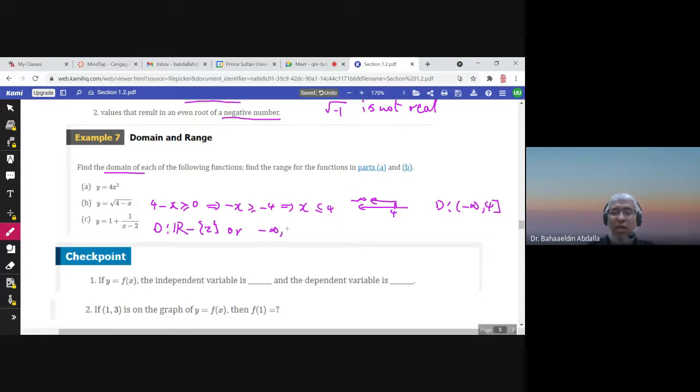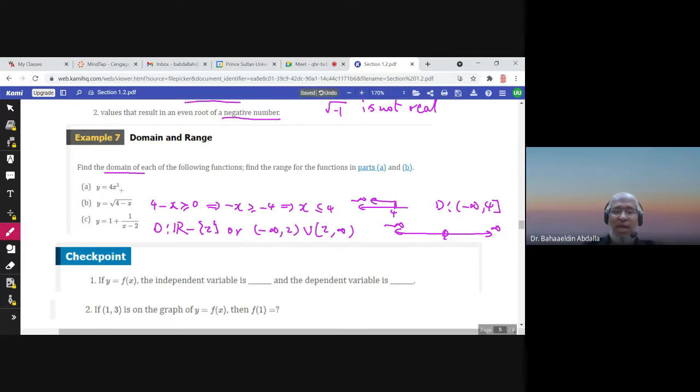Or we can write it from negative infinity to 2 union from 2 to infinity. So it's all real numbers except 2.